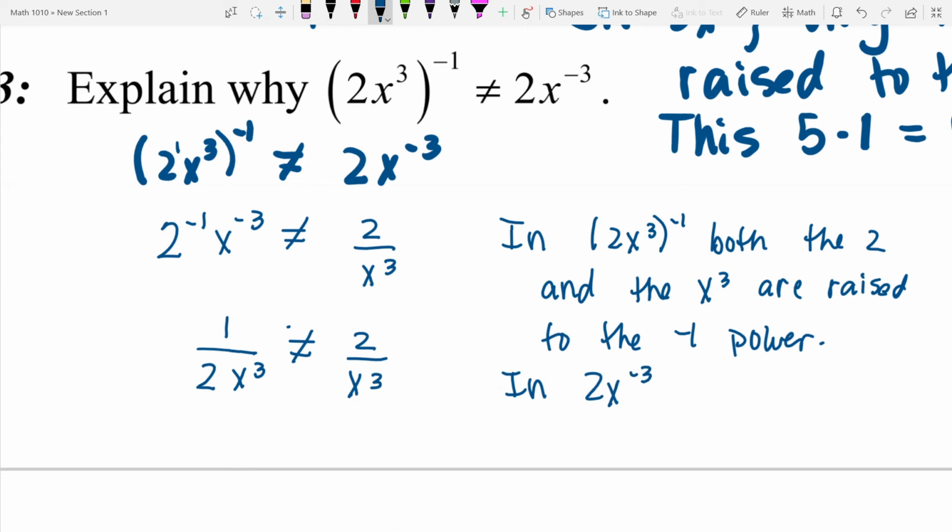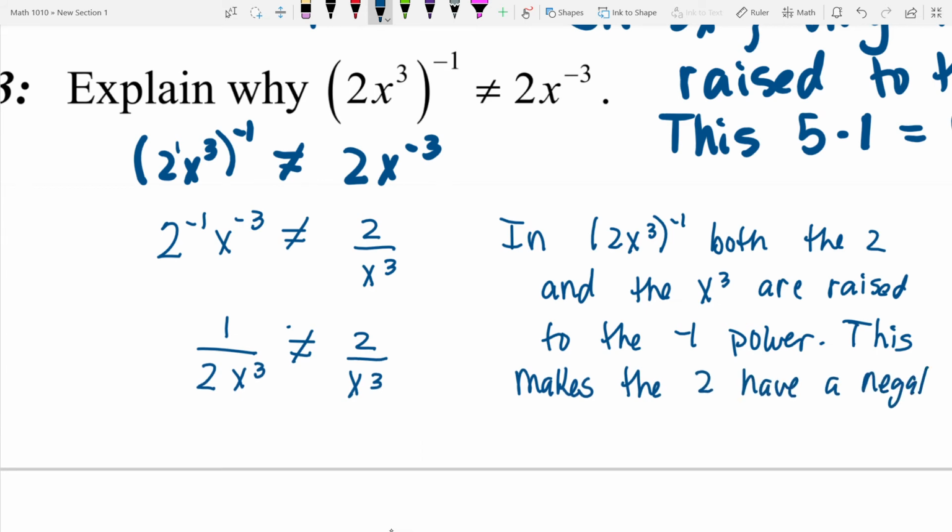Well, I don't even think I like that. Okay, I think I would say this. I would say this makes the 2 have a negative exponent, comma, which moves it to the bottom.